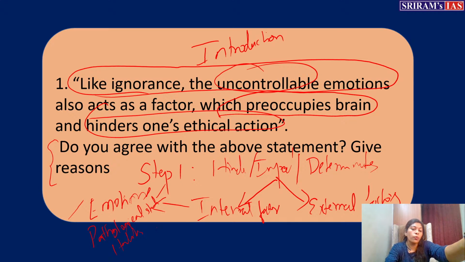Even your own value systems, the values which you possess. Each and every one of us has our own value systems, which we try to acquire through many means. So these values also act as a factor hindering our way of acting in an ethical way. These are internal factors. What will be the external factors?